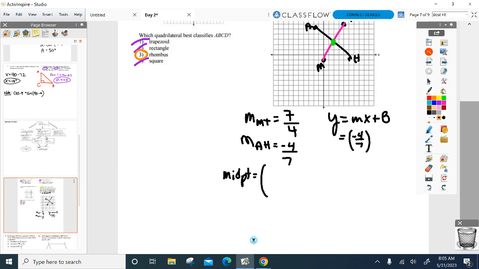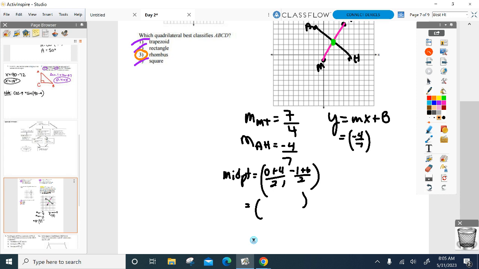So 0 plus 4 divided by 2. -1 plus 6 divided by 2. It's not going to be pretty here.